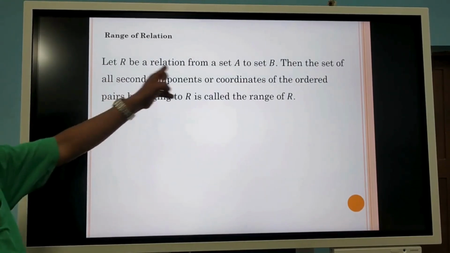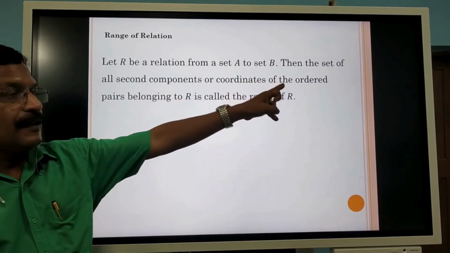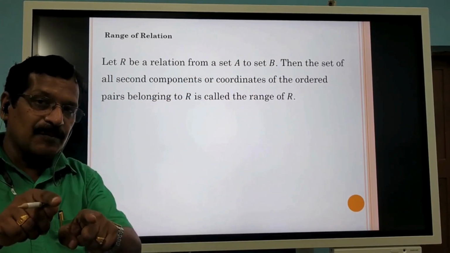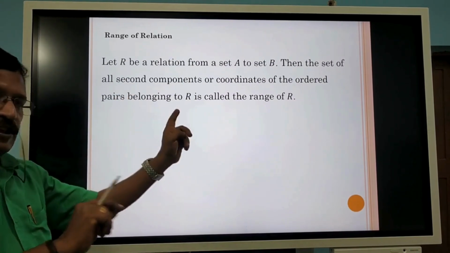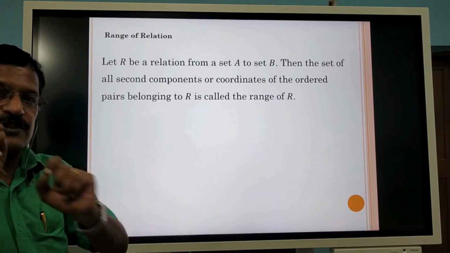Let R be a relation from set A to set B, then the set of all second components or coordinates of the ordered pairs belonging to R is called the range of R.